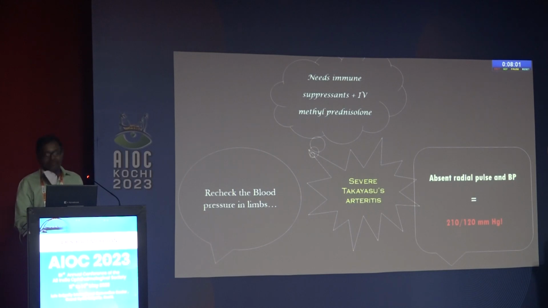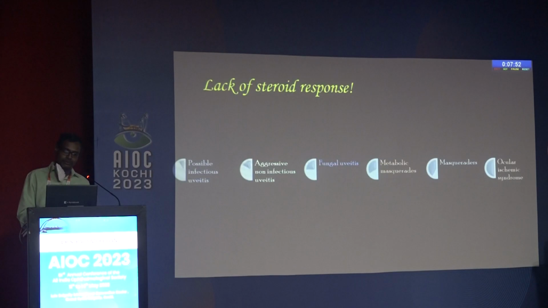So don't be carried away only by the investigations. Just because we started ATT, don't be arrogant in not revising the diagnosis. So when there is a lack of steroid response, there are multiple possibilities. What are they? The first one could be a possible infectious uveitis, straightforward. It could be an aggressive non-infectious etiology, again looks plausible.